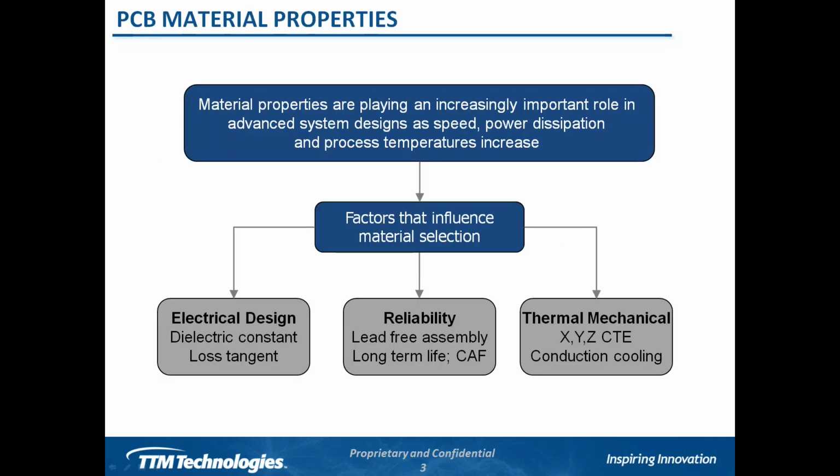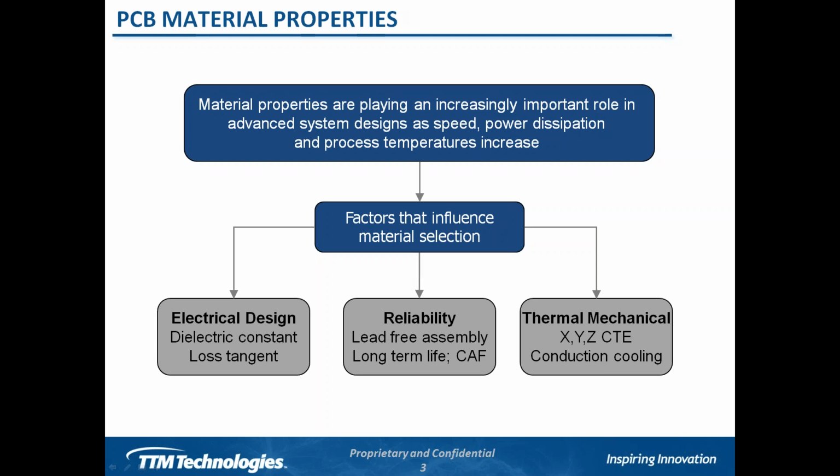All right, let's begin. Today we have a lot of slides we want to get through. Today we'll be focusing on PCB materials. When we look at factors that influence material selection, we look at items like electrical design, things like dielectric constant, loss tangent, other variables. We look at items related to reliability.